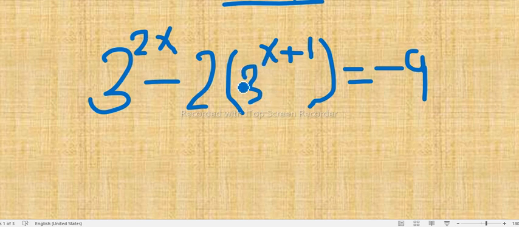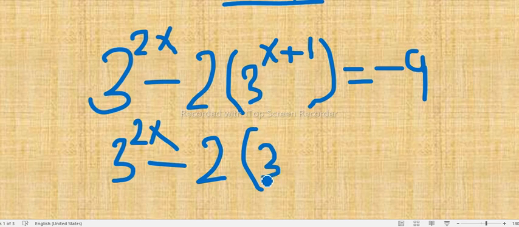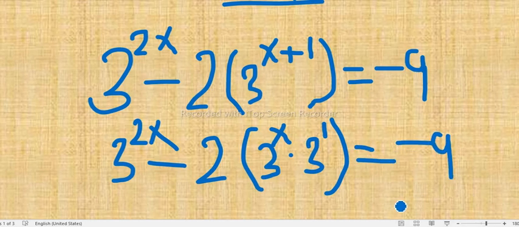So now let us define this one. This is 3 power x plus 1. What does it mean? From the exponent multiplication rule, we can expand it as 3 power x times 3 power 1. Now we have the same bases, that's why the powers are added.